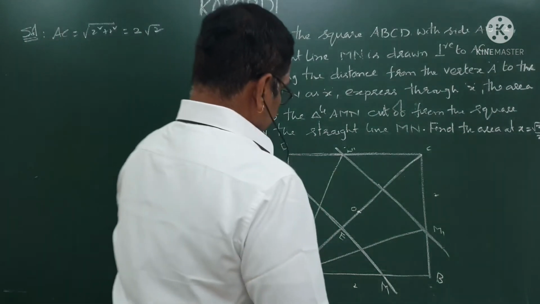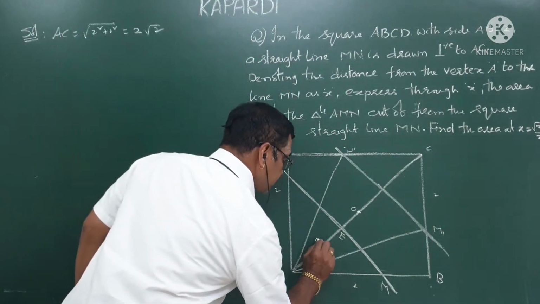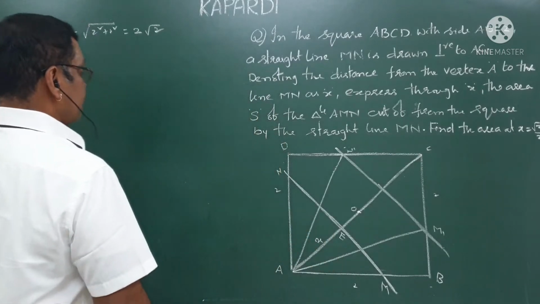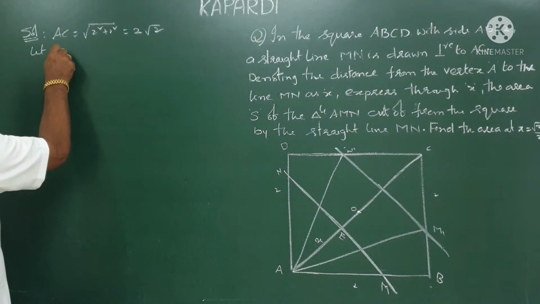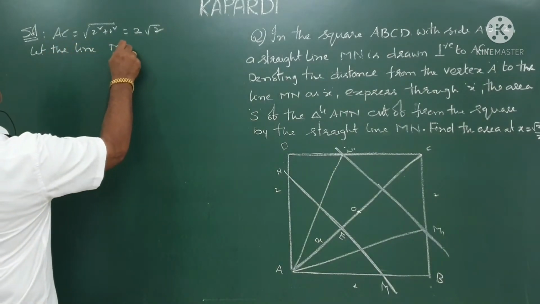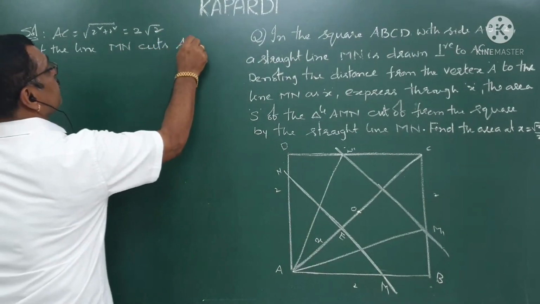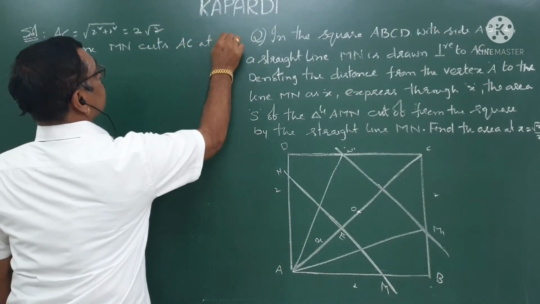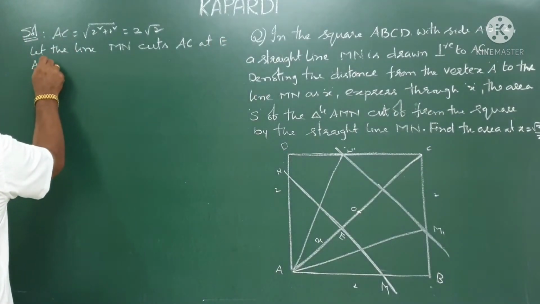Now what is given here? This length is equal to x units. Let the line MN cut AC at E. What is given? AE is equal to x.